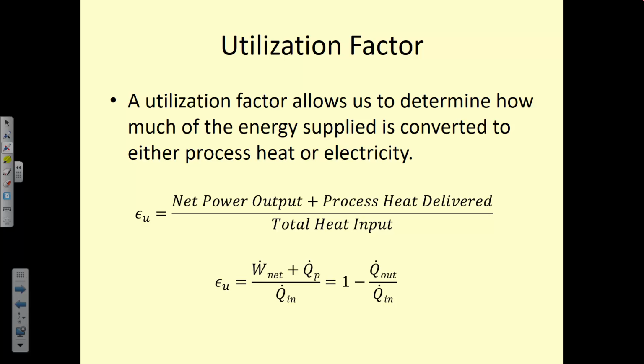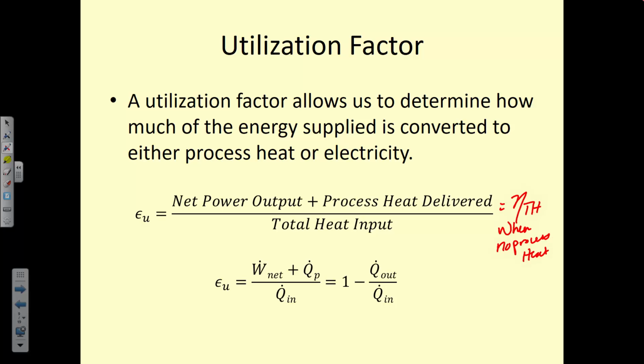Now, there's something called a utilization factor, which allows us to figure out how much of the energy being supplied to the plant is being converted to either process heat or electricity. In the case where we somehow turn off the process heat, so all we're doing is generating electricity, then this is equal to the thermal efficiency when there is no process heat.